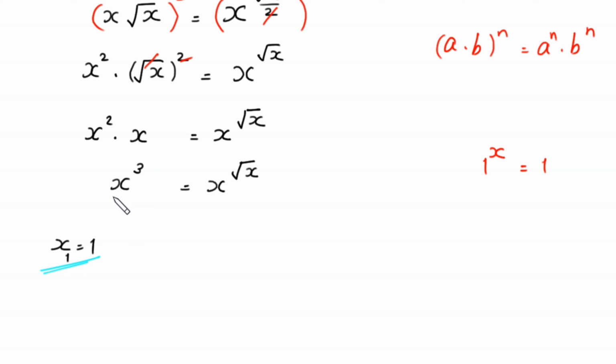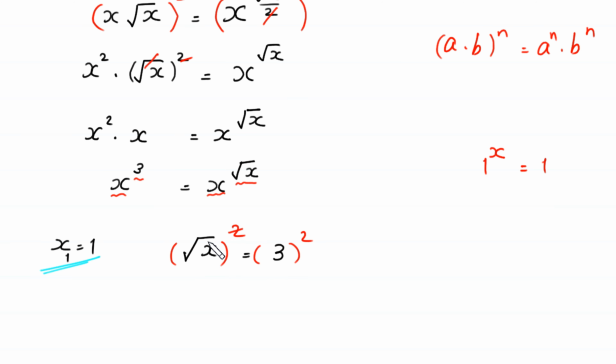And because the base is same at both sides, at left side the base is x and at right side the base is x, so we can write this exponent 3 equal to square root of x. Square root of x is equal to 3. And from here we take the square of both sides of this equation.